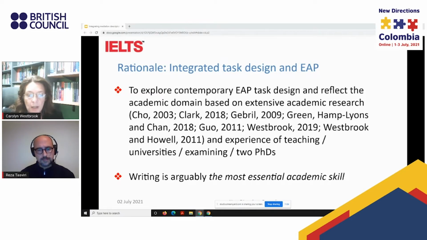The other point that was the rationale is that we recognise that writing is arguably the most essential academic skill. But as I say, we wanted to really focus on contemporary EAP task design and investigate whether actually the current test design is the best.